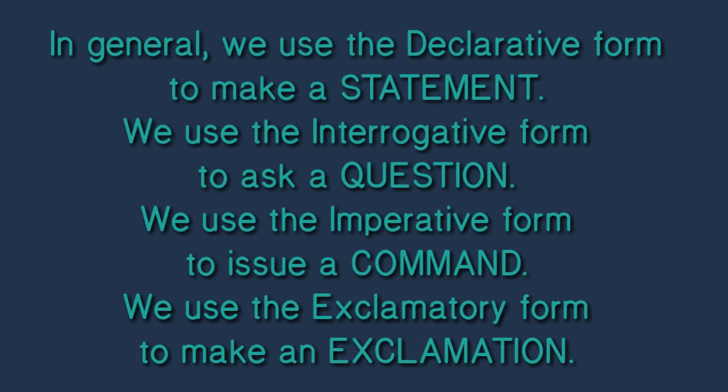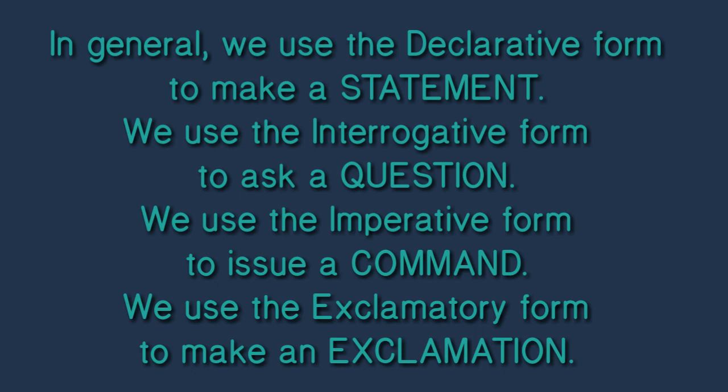Declarative, interrogative, imperative, and exclamatory. Declarative sentences are statements. Interrogative sentences are questions. Imperative sentences are commands. And exclamatory sentences are exclamations or show emotions. So these are the 4 types of sentences in English.